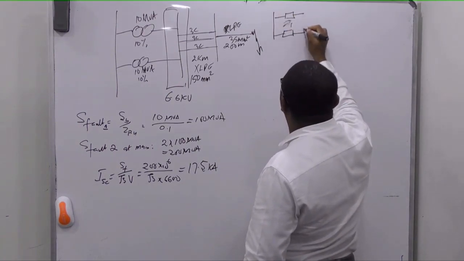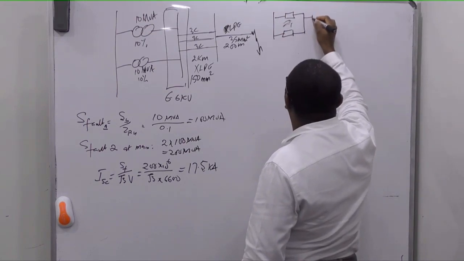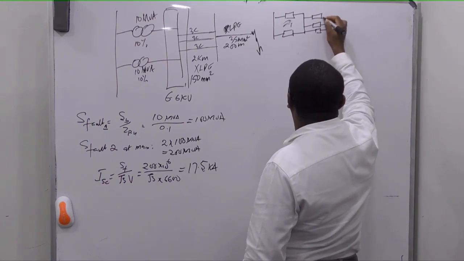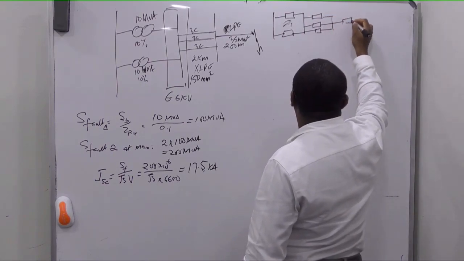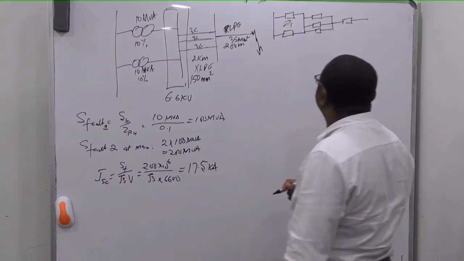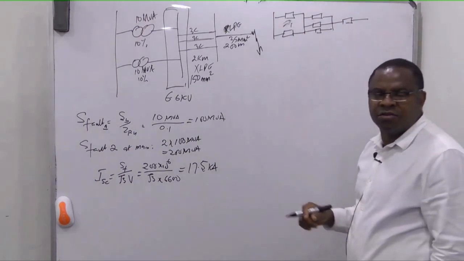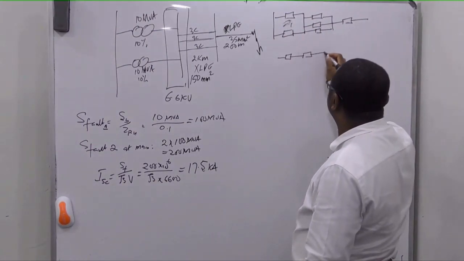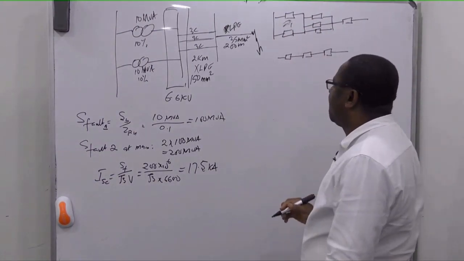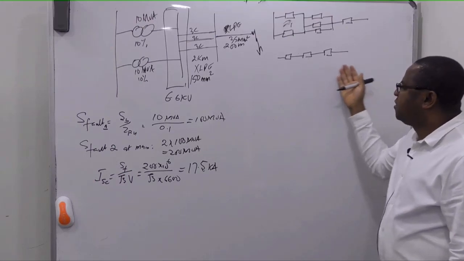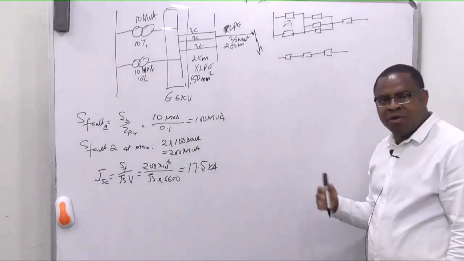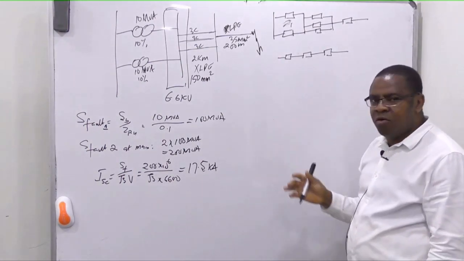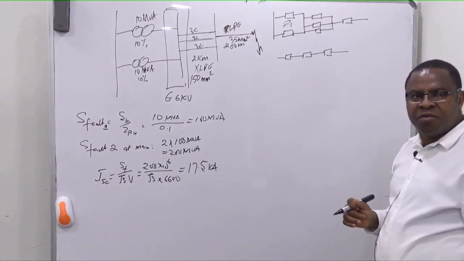So we'll have these two transformers, then cable 1, cable 2, cable 3, and this is cable 4. I just need to look for equivalent impedances so that I get them in series. Either I leave everything in per unit and use the per unit method, or I convert everything to ohms and use the ohmic method.